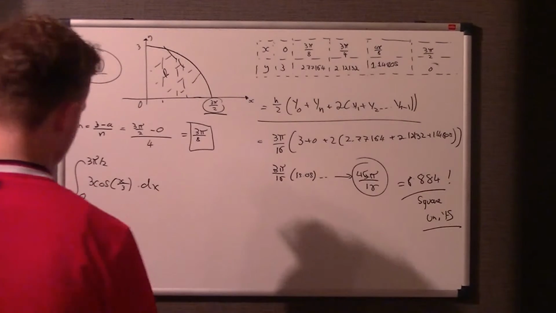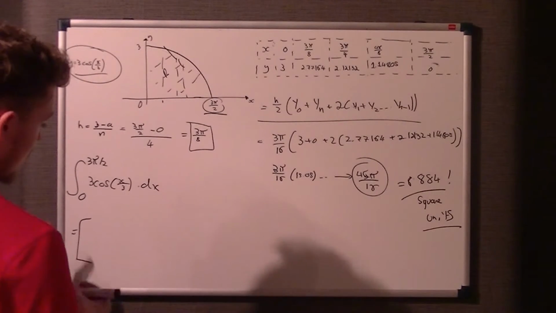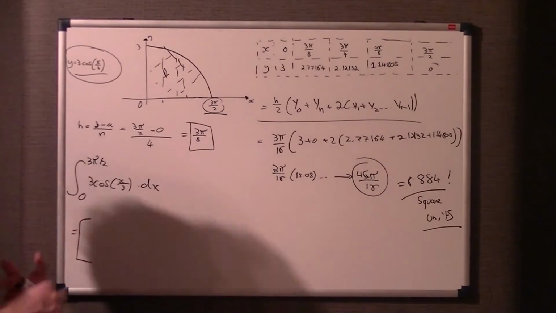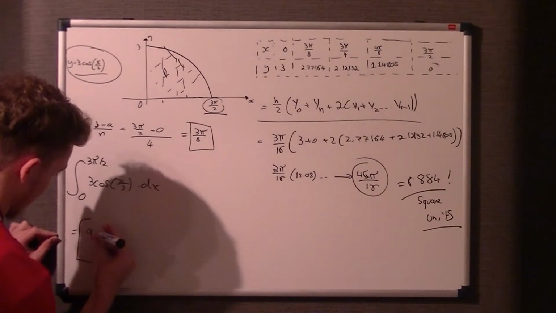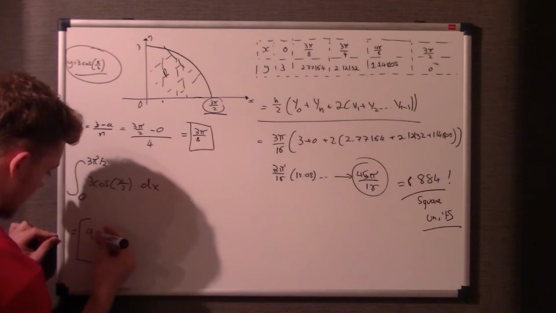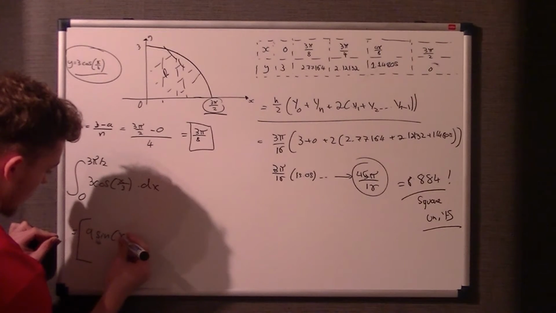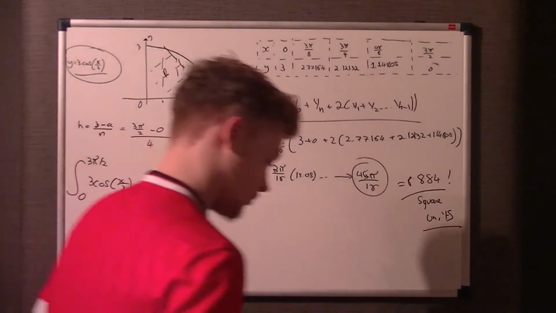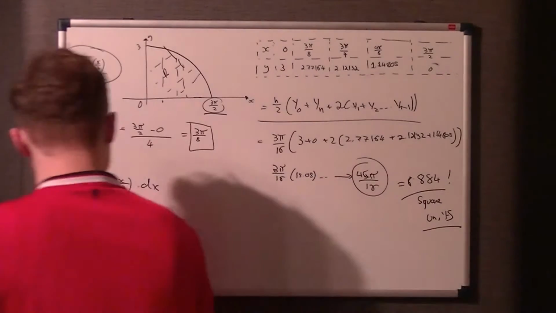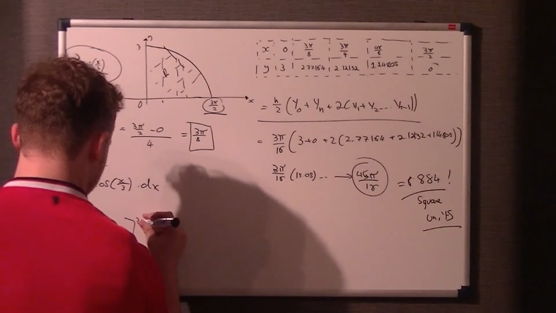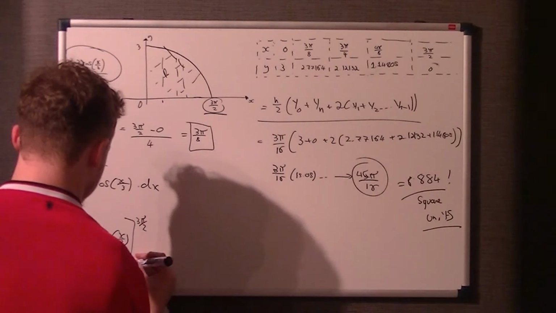Now you might want to do 3 sine x on 3 divided by a third, or you just might want to go straight to 9 sine x on 3. Which I would double check I've not gone completely insane. Yep, I'm completely insane. So then you just put your limits in of 3 pi on 2 and 0.